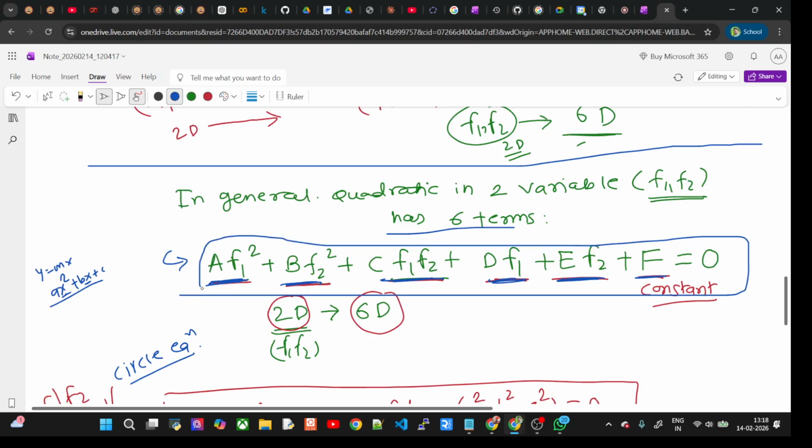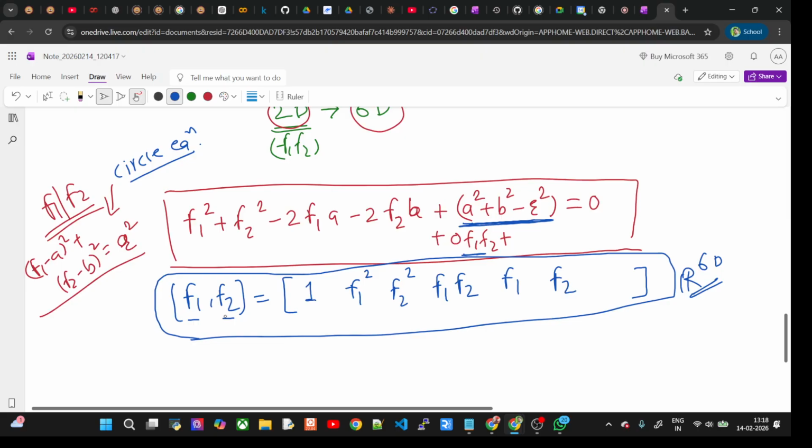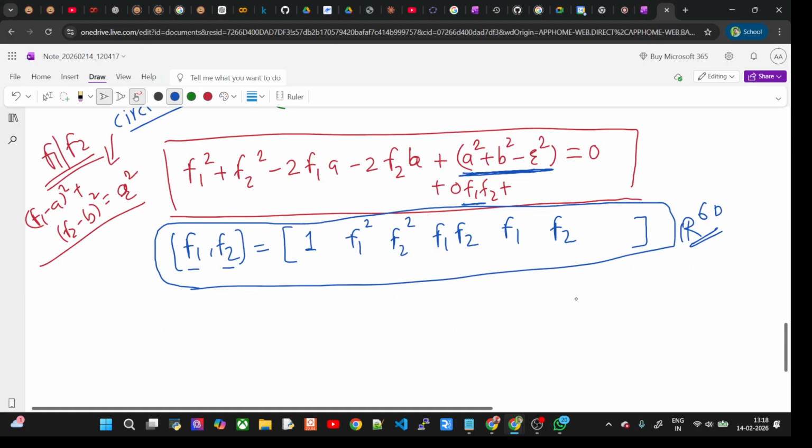If you want to write the feature map for this, feature map means you are trying to write it in terms of f1 and f2. So you will write it like this: 1, f1 square, f2 square, f1 f2, f1 and f2. This is normal. But in our case we have another vector u.